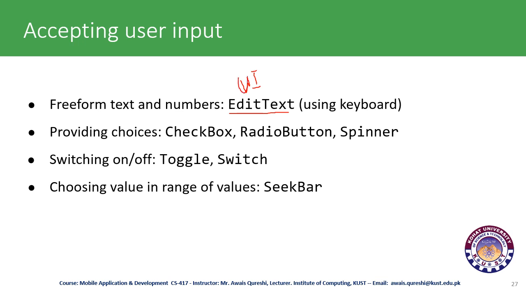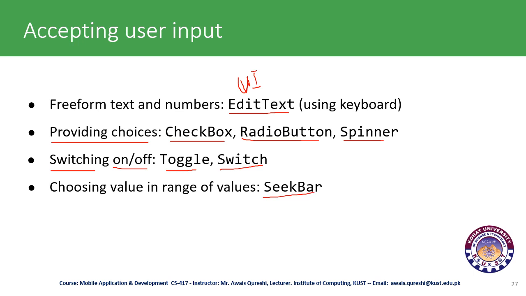We can provide choices with the help of buttons, checkbox, radio button, and the spinner. And we can provide the functionality of on and off with the help of toggle buttons, the toggle and the switch buttons. And how can we choose a value in a range? The answer is seek bar.